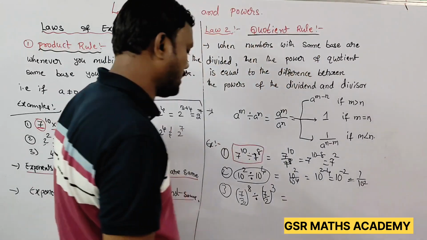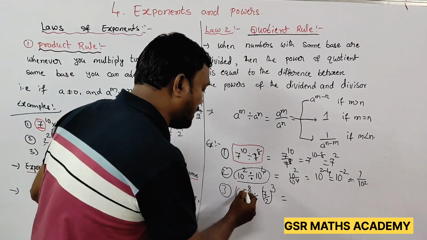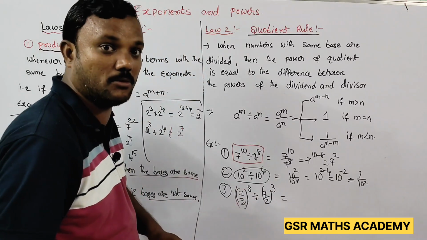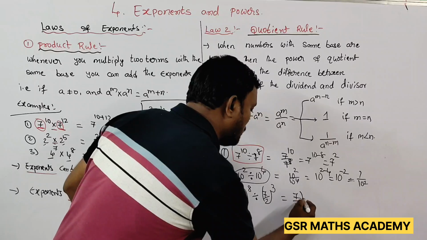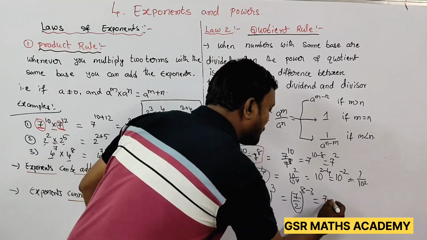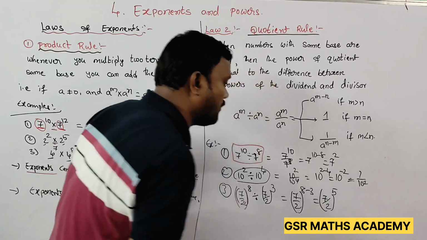In the same manner, in the third example, 7 by 2 to the power of 8 divided by 7 by 2 to the power of 3 can be written as 7 by 2 to the power of 8 minus 3, which is 5.